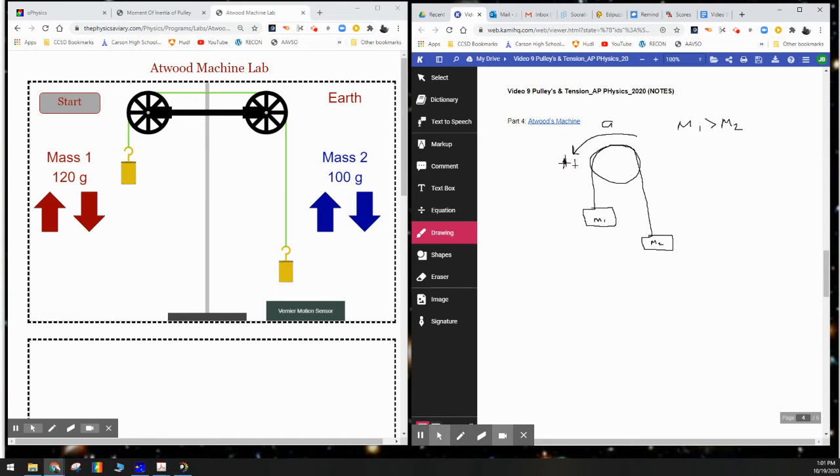Again, we have no friction, the mass of the pulley is 0, and the string is massless.